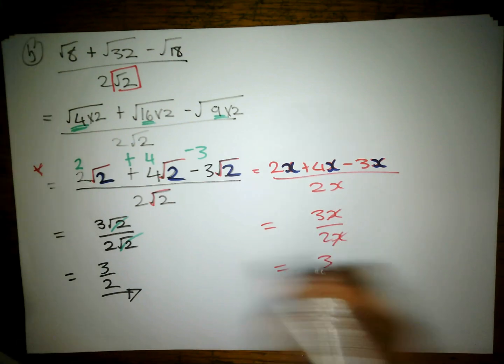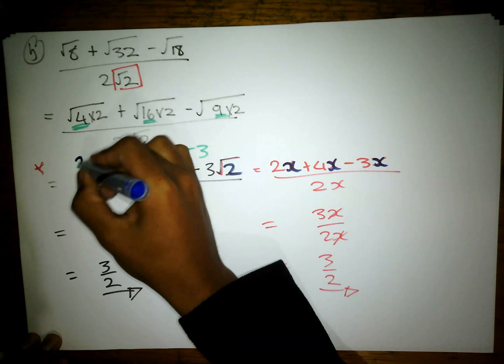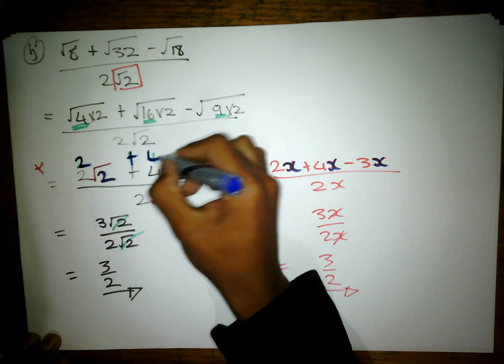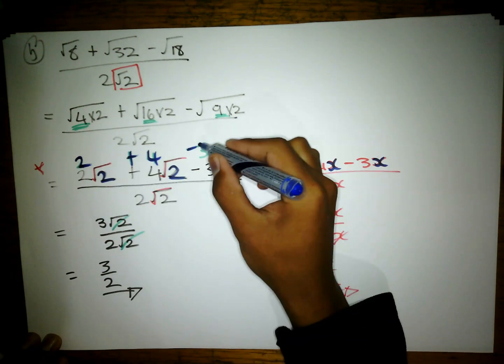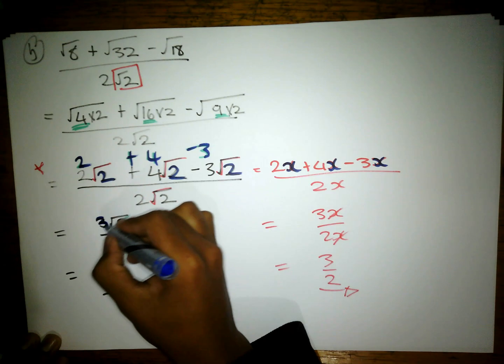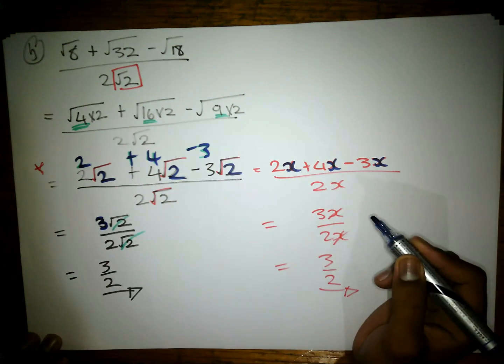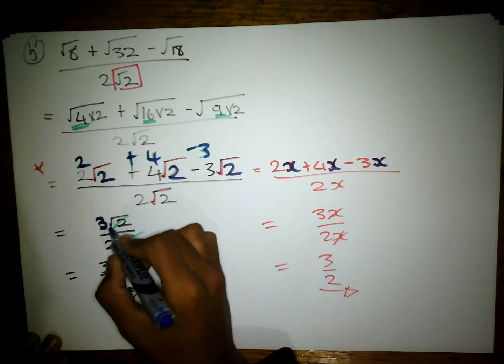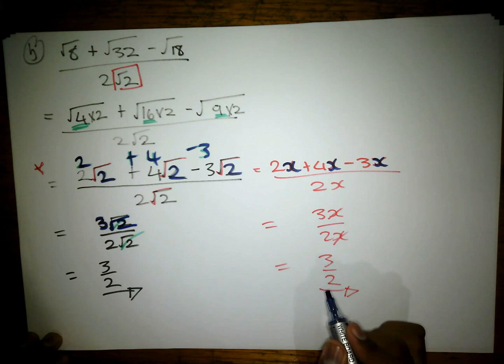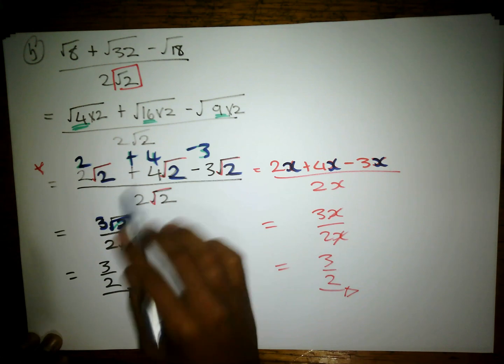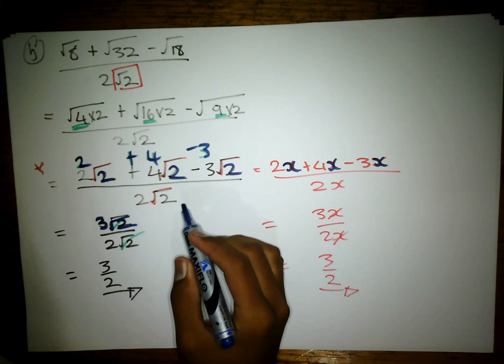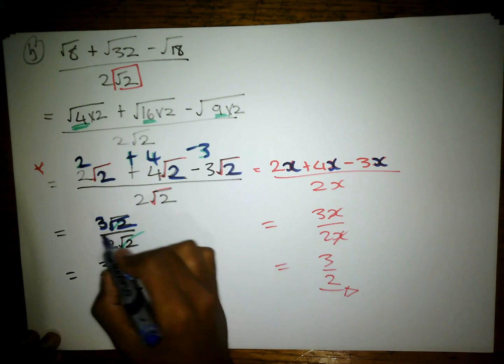But let's do it like this. This 2 plus this 4 minus that 3 gives us 3, and then we're left with a square root 2. Our denominator is the same. We can't do anything with our denominator yet, so we just write it.